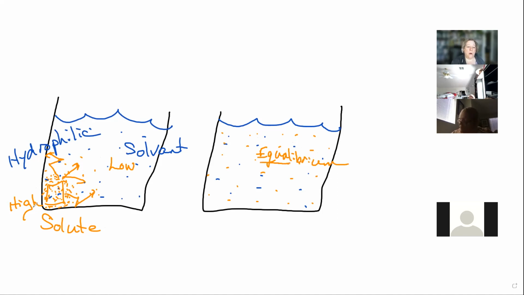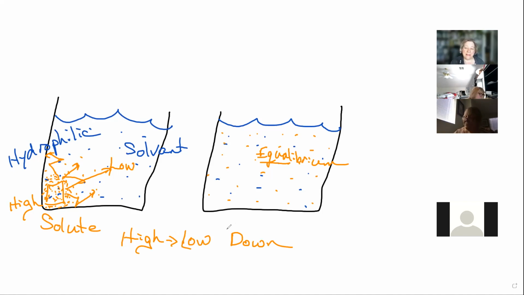Going from high concentration to low concentration, going from high to low, is called going down the concentration gradient.